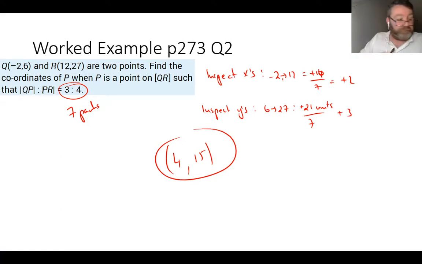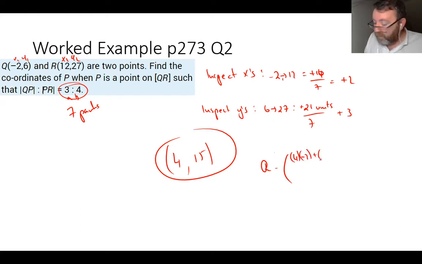That's it. Now let's just check by the formula to make sure that works. So what have we got? We've got x1, y1, we've got x2, y2, and we've got A and we've got B. So let's just make sure that the formula gives me exactly the same answer. The formula says B times x1. So that's 4 times x1, which is -2, plus A x2, which is 3 times x2, which is 12.